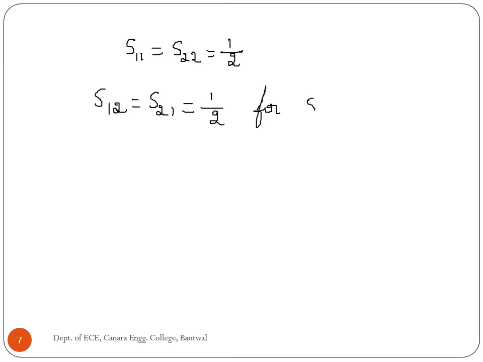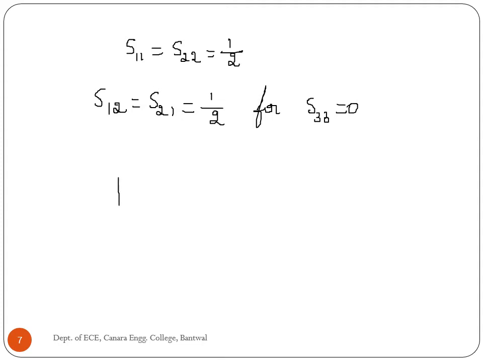Based on power consideration, S11 equal to S22 equal to 1 by 2 and S12 equal to S21 is equal to 1 by 2 for S33 equal to 0.